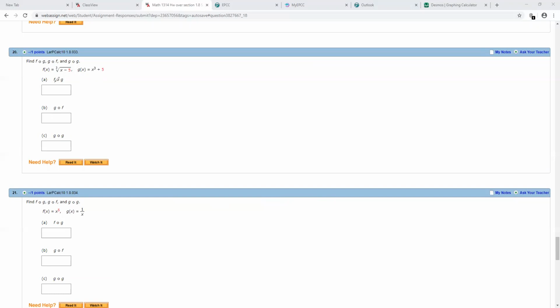So what's this one? Let's say we have F, we have G, and now we want to put G into F. So you write down this one, and that is this one.